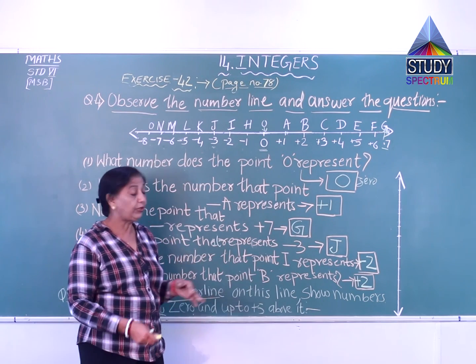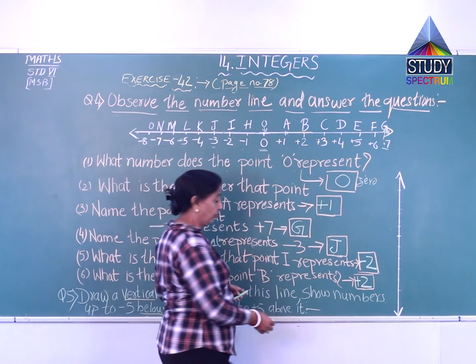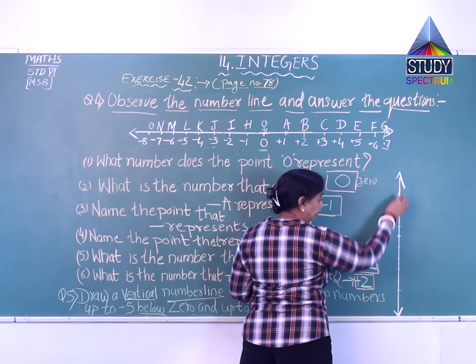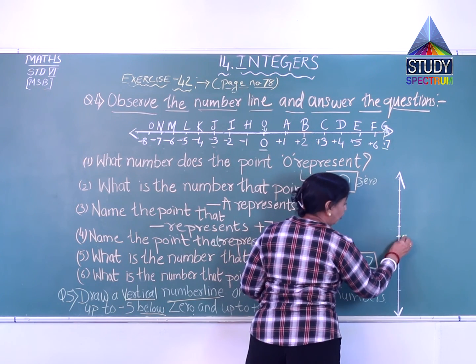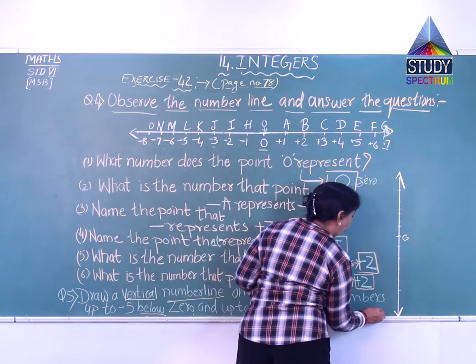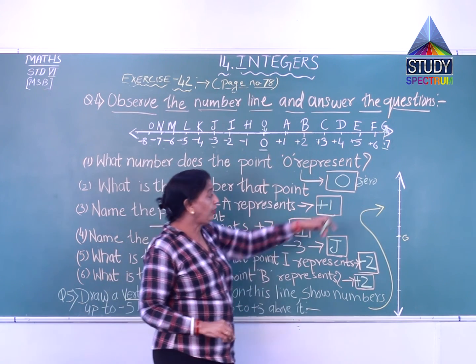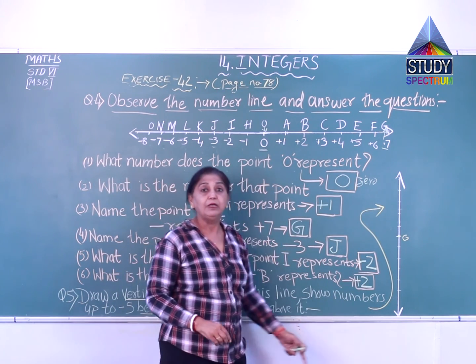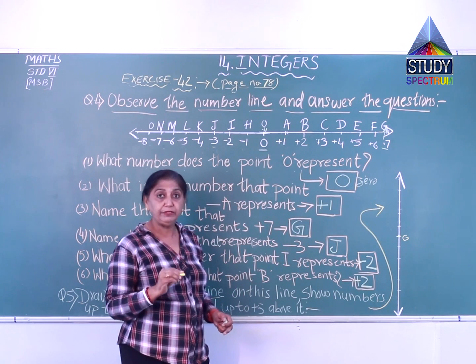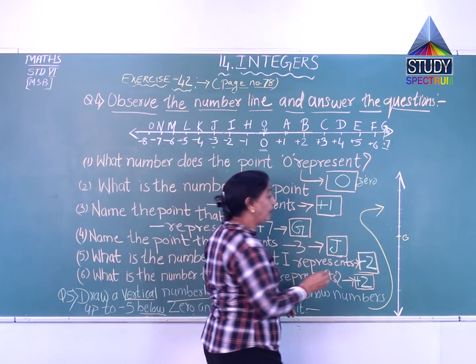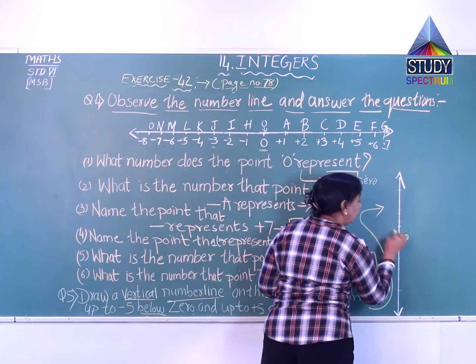That is, we have to take in the center 0. So here I have already drawn the line. Here I will take it 0. So this is the answer of the fifth question. So you will draw a vertical number line. Mark it 1 unit each, then in the middle I'll put 0, that is origin.